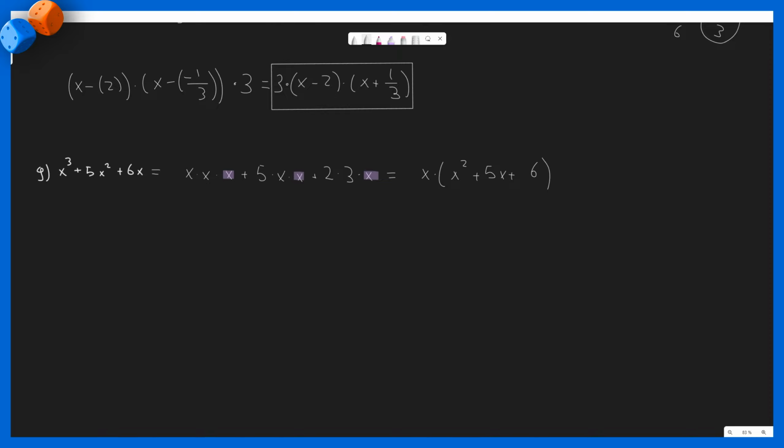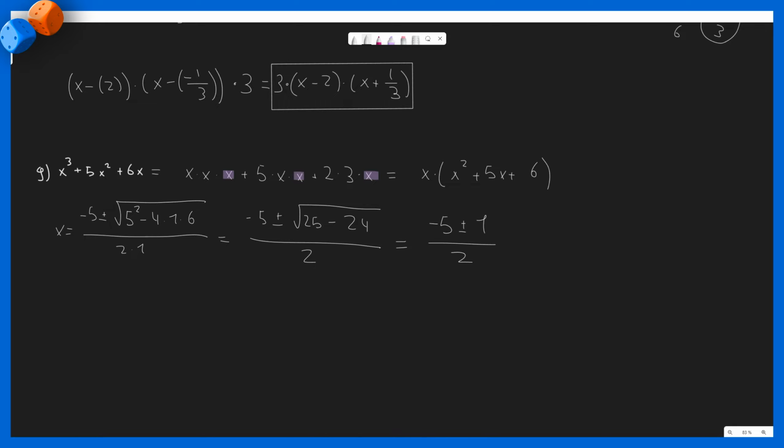We will get the roots with the quadratic formula. x is equal to minus 5 plus minus the square root of 5 squared minus 4 times 1 times c, which is equal to 6, divided by 2 times a, equal to minus 5 plus minus the square root of 25 minus 24 divided by 2, equal to minus 5 plus minus 1 divided by 2, giving us two solutions that are minus 3 and minus 2.